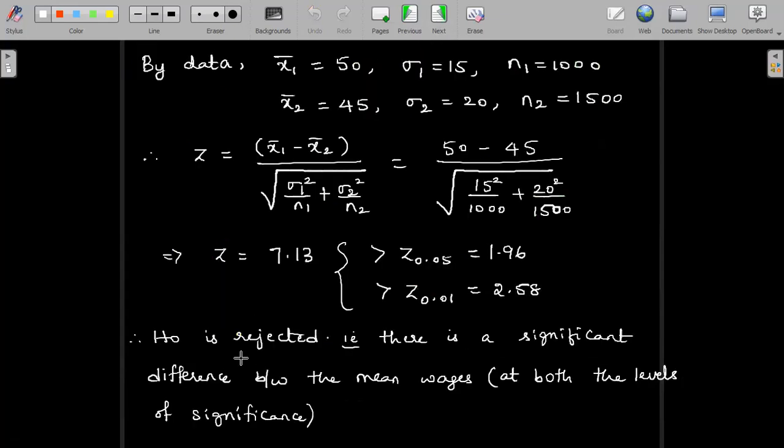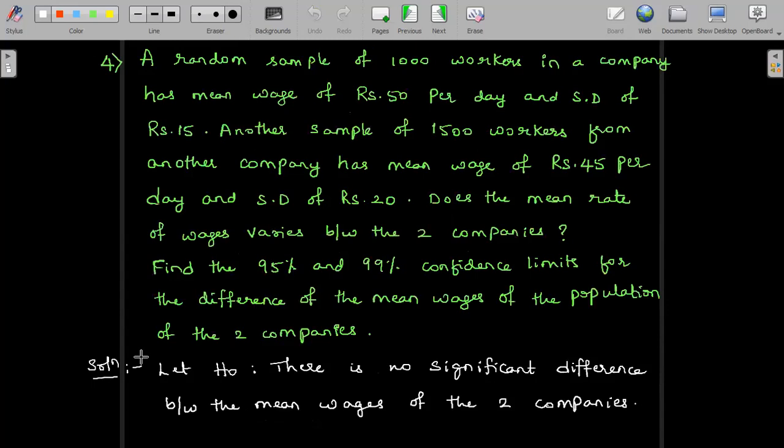And since H naught was rejected because 7.13, the calculated value, is greater than the table value at both the levels of significance, it in turn means that there is a significant difference between the mean wages. Hence the solution. And there is a second part of the solution to obtain as well, finding the 95% and 99% confidence limits for the difference of the mean wages of the population of the two companies.